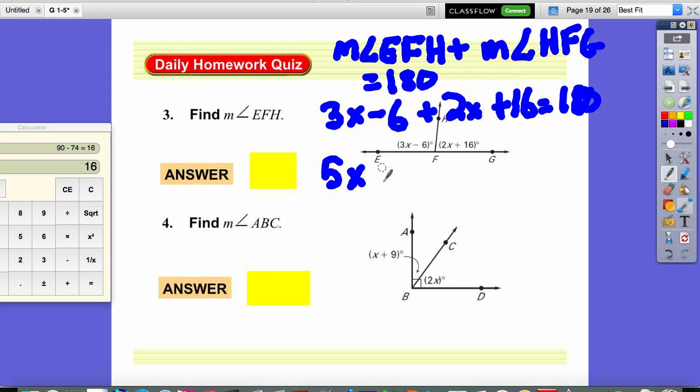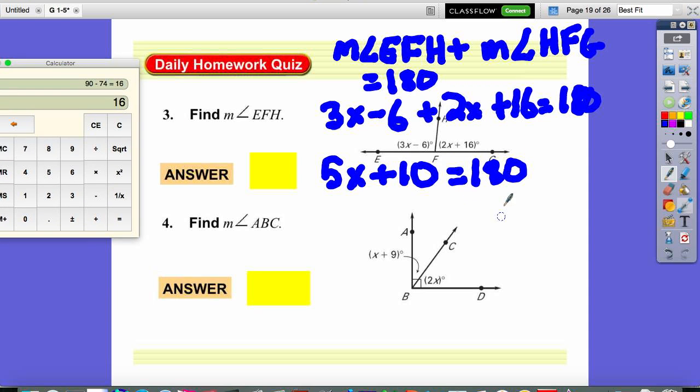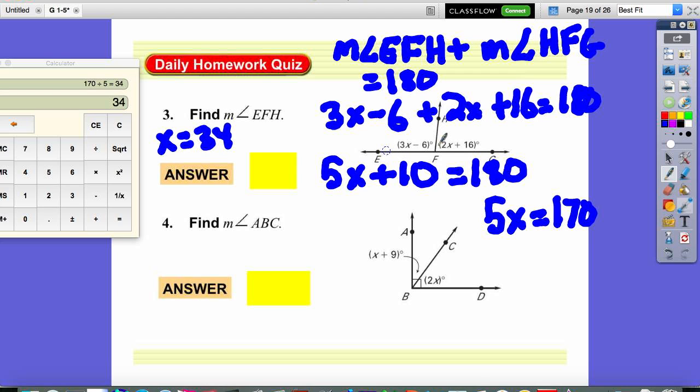Negative 6 plus 16 is positive 10 equals 180. Subtract 10 from both sides. 5x equals 170. 170 divided by 5 is 34. X equals 34. We wanted to find EFH, so 34 times 3 is 102, minus 6 is 96.